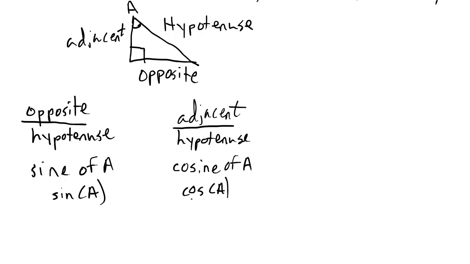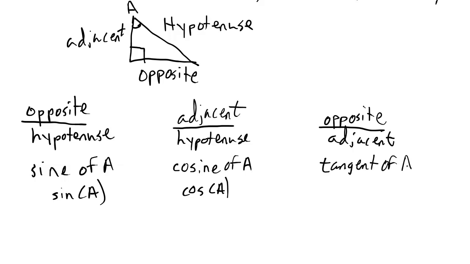And the last one we have is some sort of ratio between these two. We do the opposite leg over the adjacent leg. And this is called the tangent of A, which is shortened to tan of A.